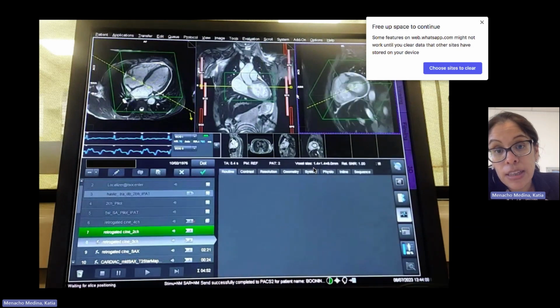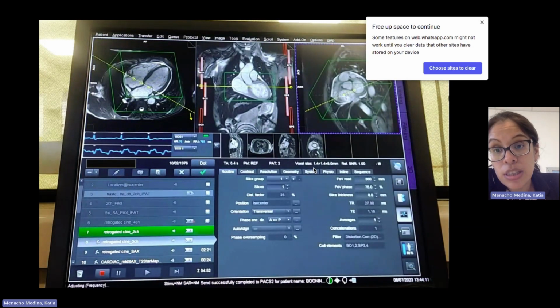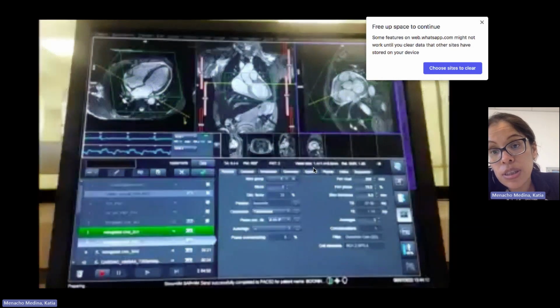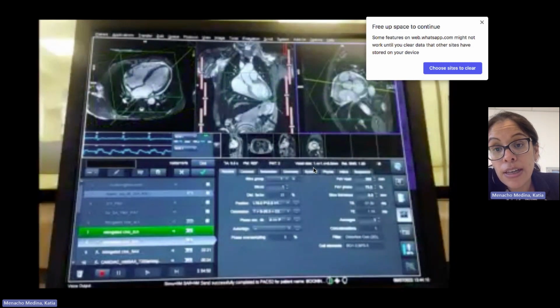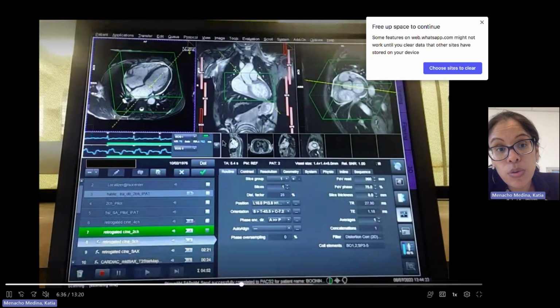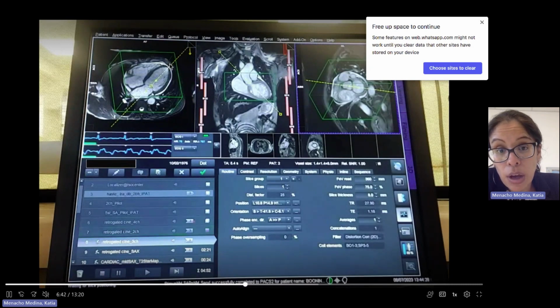And now finally the radiographer is doing the three-chamber cine, and for that you can see that it's cutting in the LVOT, the left ventricular outflow tract. You can see the aortic valve there, and it's cutting in the middle as well, and trying to go also through the middle of the apex, based on the four-chamber cine that they acquired.